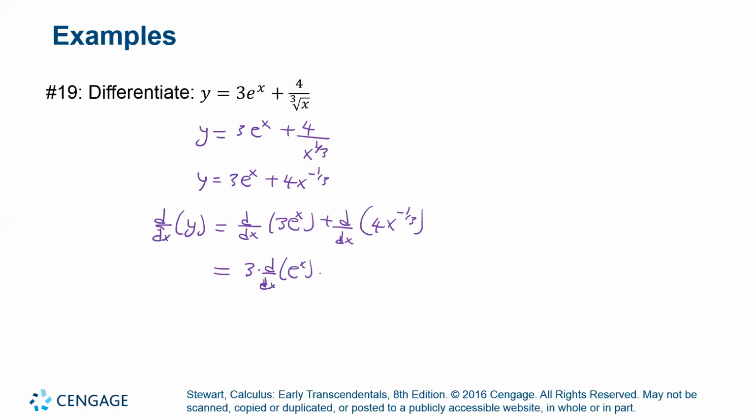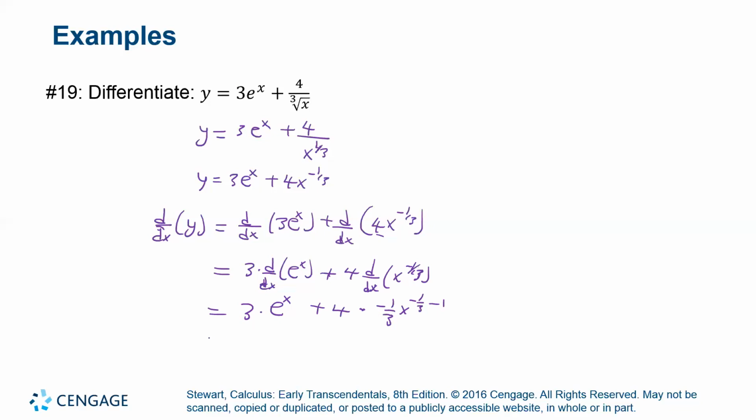So bring the 4 outside and multiply by the derivative of x to the negative 1/3. This gives me 3 times e to the x, because if you differentiate e to the x you get the same thing, plus 4 times negative 1/3 times x raised to negative 1/3 minus 1.